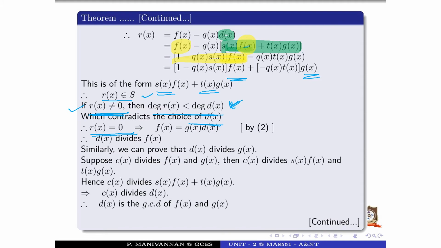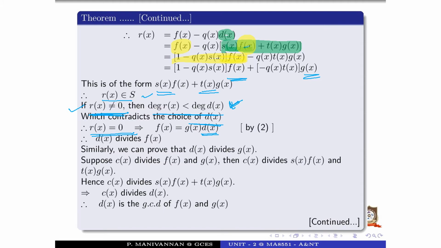Then r of x equal to 0, we get f of x equal to g of x into d of x. Therefore, d of x divides f of x, since f of x is the multiplication of these two. Similarly, we can prove that d of x divides g of x.